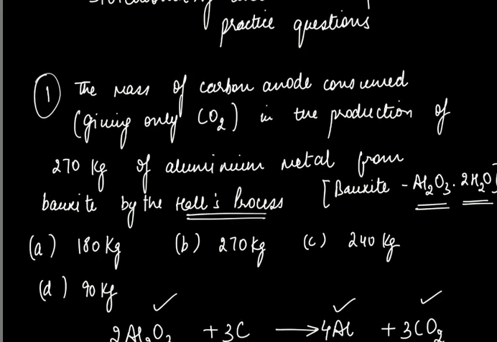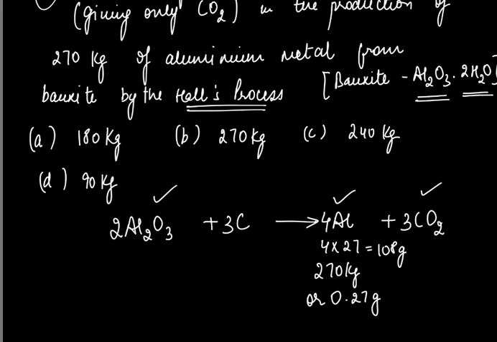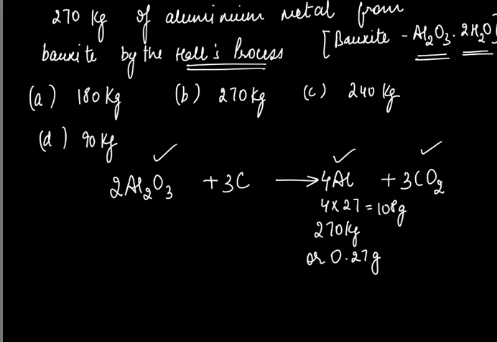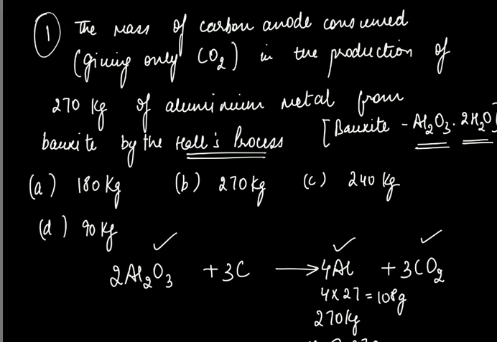That's why I said stoichiometric calculations. Balancing this equation is very important, because if we don't have the standard balanced equation, we won't be able to solve how much carbon anode is consumed.